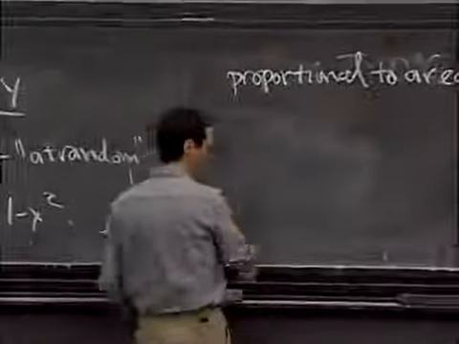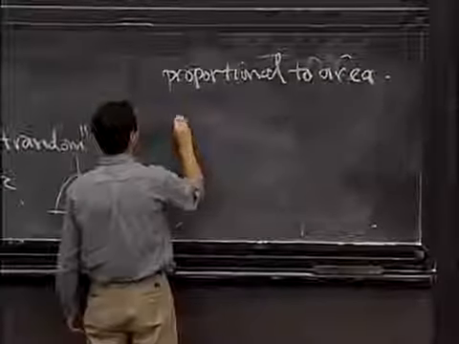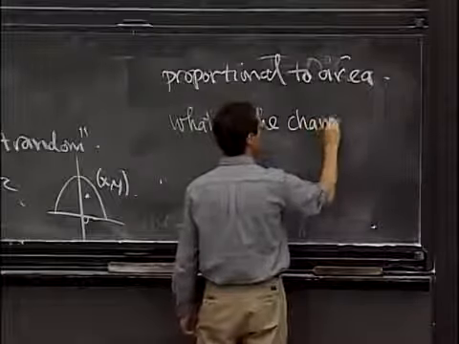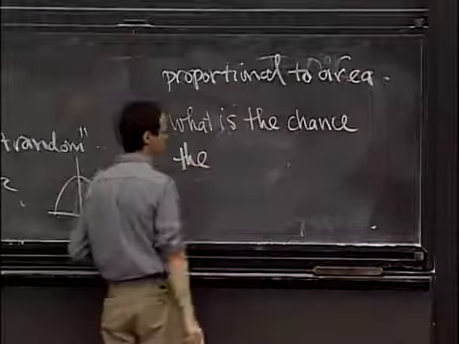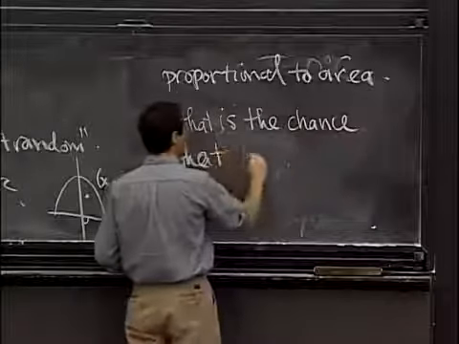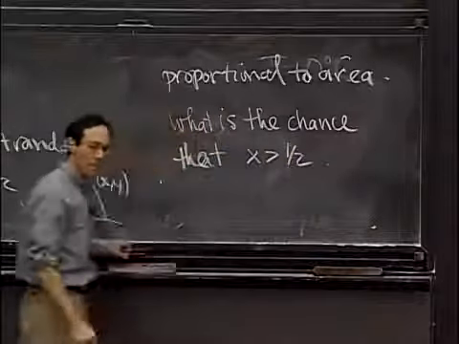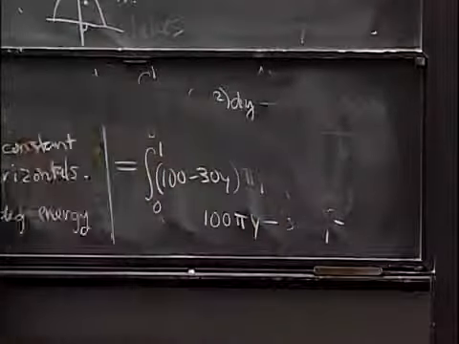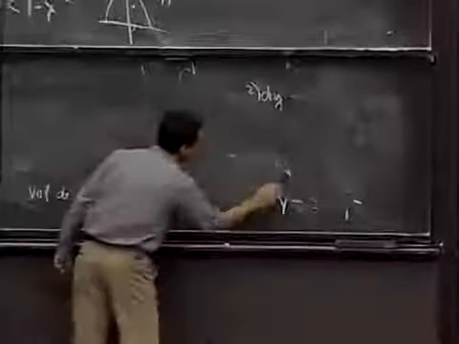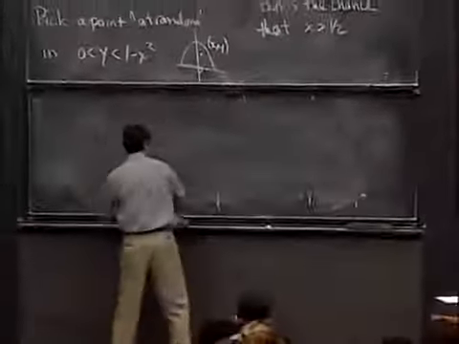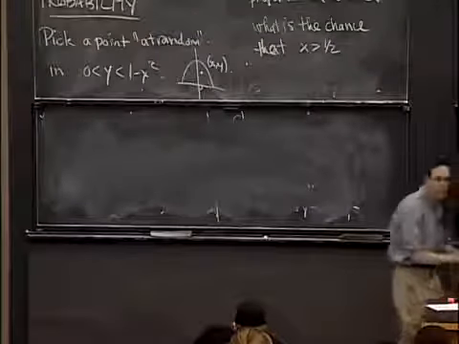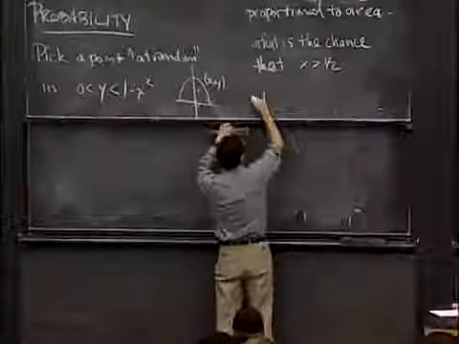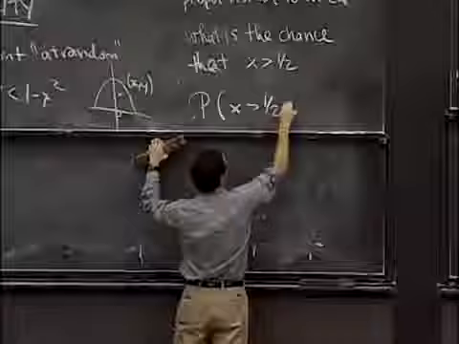And then the question that we're going to answer right now is, what is the chance, or it's usually called probability, that x is bigger than a half. Now let me show you what's going on here, and this is always the case with things in probability. So first of all, we have a name for this. This is called the probability that x is bigger than a half.